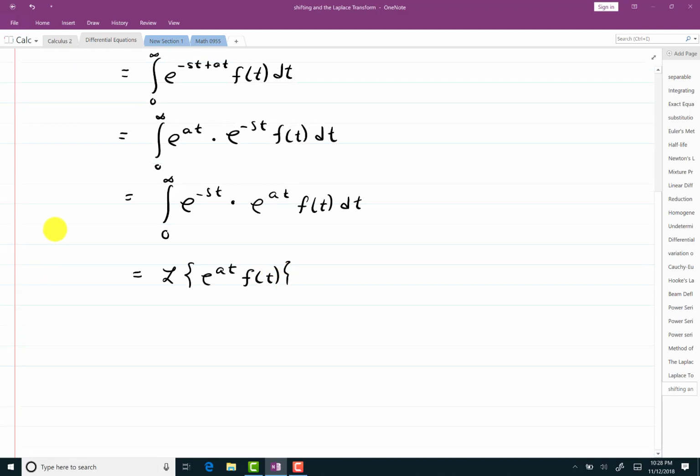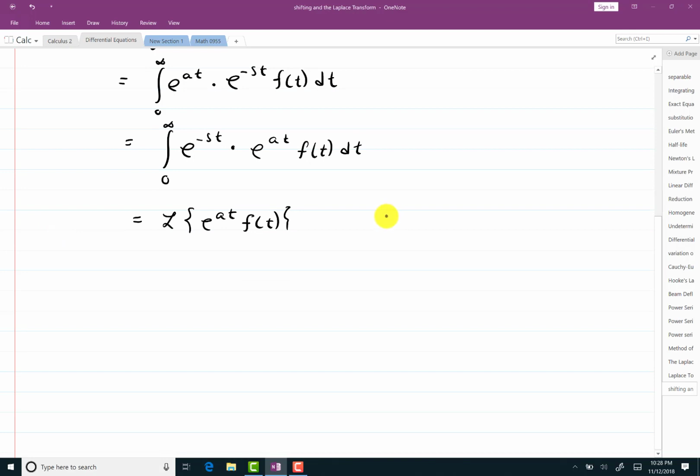And you'll also have to notice that every time we develop a formula, we're also going to develop an inverse formula. So this, let me put it over here, F of s minus a equals this. Then the inverse Laplace transform of F of s minus a will take you back to e to the at f of t.